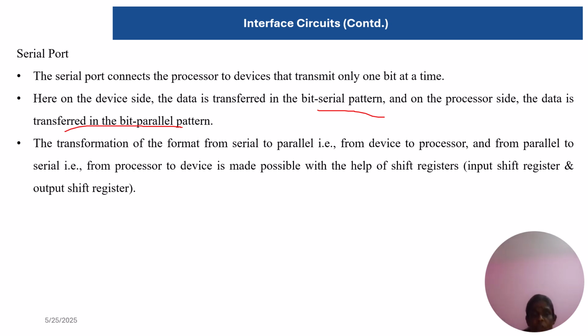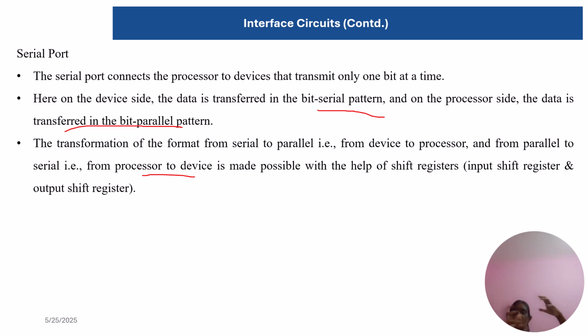The transformation of format from serial to parallel, that is from device to processor, and from parallel to serial, that is from processor to device, is made possible with the help of shift registers. The input shift register gets the serial input from the IO device and converts it into parallel form.